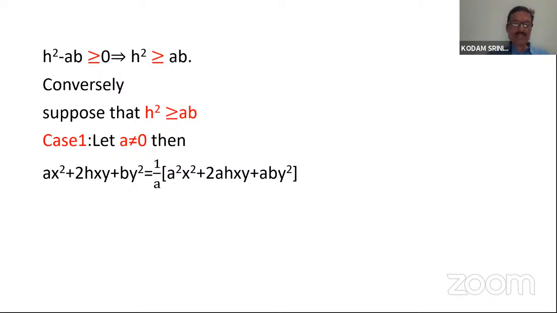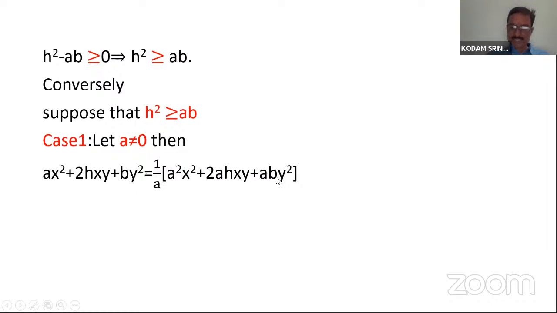Now this ax square plus 2hxy plus by square can be written as follows. In this case, I am multiplying and dividing the equation by A. So first of all, I am dividing by A and multiplying all the terms with A. That is A into A square, and 2 into A into hxy means 2A hxy, and AB y square.